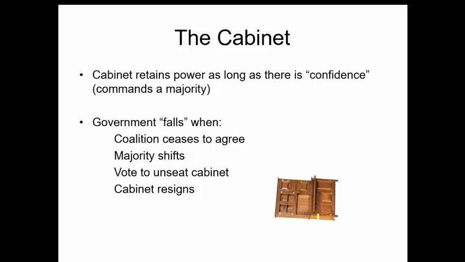The majority could potentially shift. So what's happening here is the coalition that's in control of the government is not what was originally intended when it was first formed. So something is going on that is causing problems, and therefore, another way of putting it, losing confidence in that ruling body. And there could be a vote to unseat the cabinet, which could result in a fallen government or lack of confidence in the government, or the cabinet could resign for some reason.